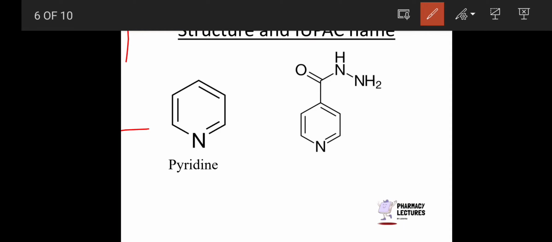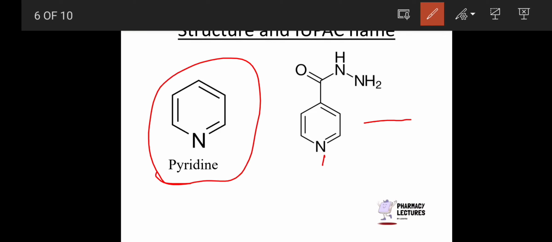First of all, we have to number the structure. Here we can see a heterocyclic ring, right? Whenever we are numbering a heterocyclic ring which contains only one heteroatom, the first number is given to the heteroatom and other atoms are numbered in either clockwise or anti-clockwise direction.